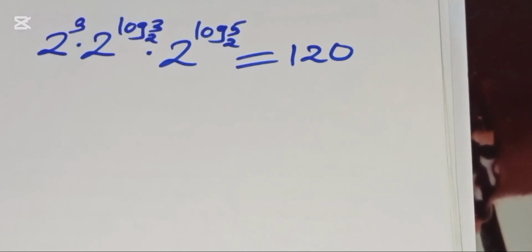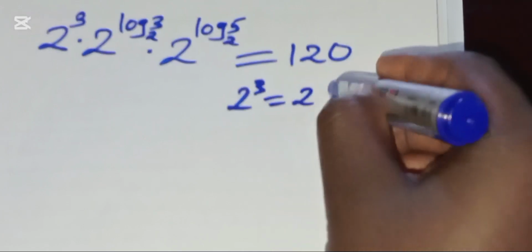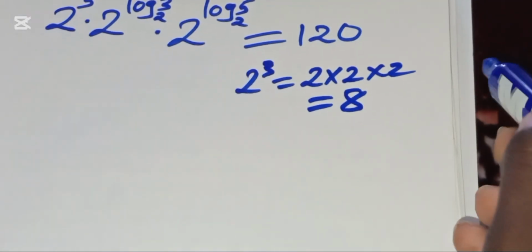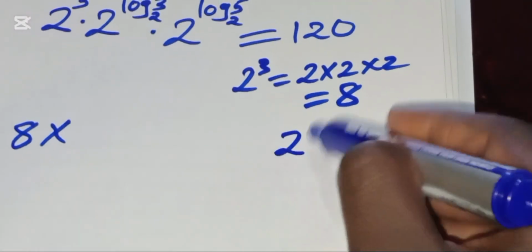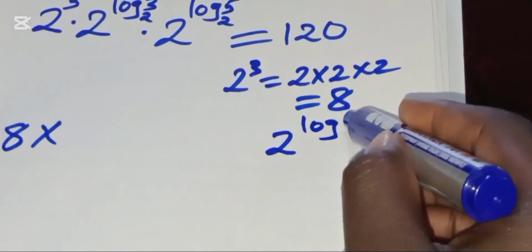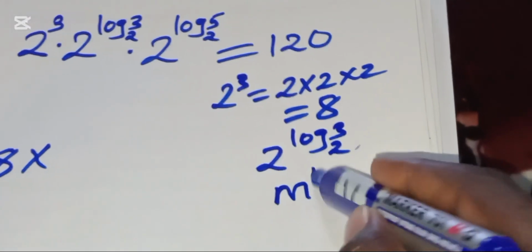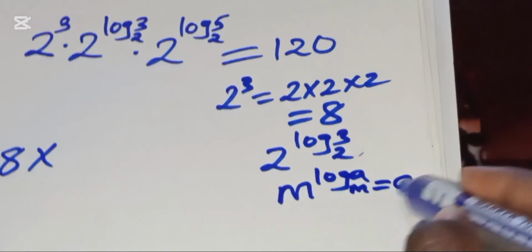Now from what we have here, 2 raised to power 3 is the same thing as 2 times 2 times 2, which is actually equal to 8, okay? So we'll have 8 multiplied by, now 2 raised to power log 3 to base 2, this is in the form of m raised to power log a to base m, which is essentially equal to a.